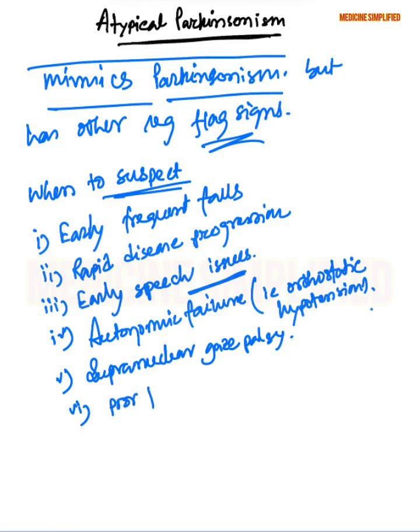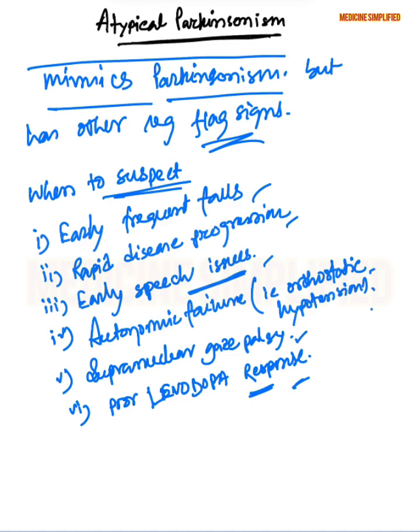In typical Parkinsonism, the response to levodopa will be very good, but in the atypical variety, the response will be very poor. Along with this, there will be early frequent falls, rapid progression, early speech issues, autonomic disturbances like orthostatic hypotension, unexplained tachycardia, supranuclear gaze palsy, and poor response to levodopa.